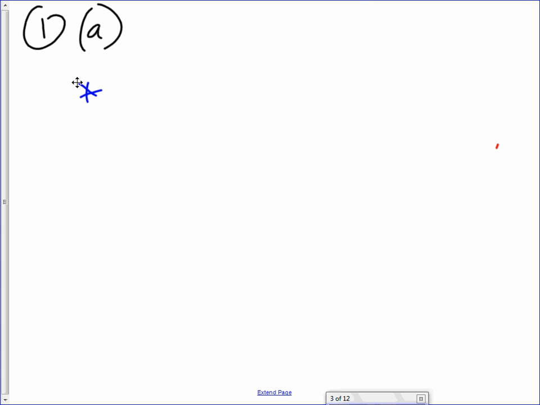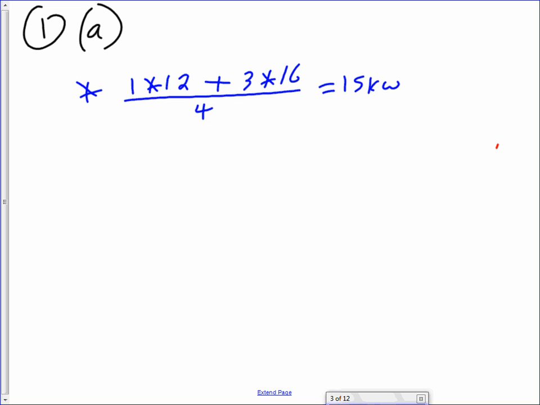The first step I'm going to do is I have one range, 12 kW, plus three ranges, 16 kW. I need to average them, divide by 4, and that will give me an average of 15 kW.